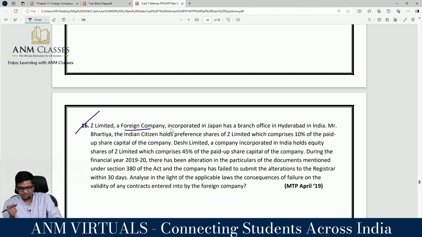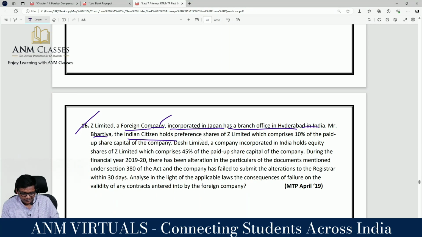All contracts. Fine. Foreign company incorporated in Japan has a branch office in Hyderabad in India. Mr. Bharatiya, the Indian citizen, holds. Is this a foreign company? Yes. Okay. A question is given foreign company, guys.